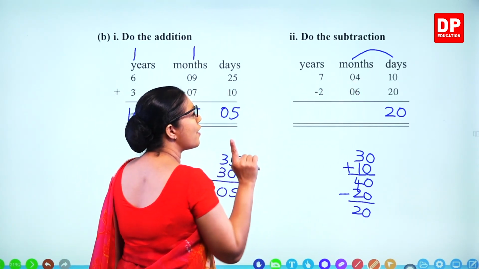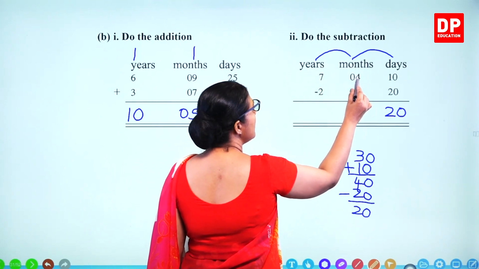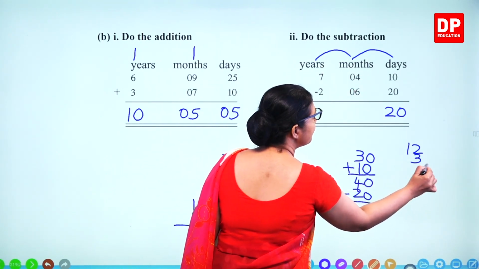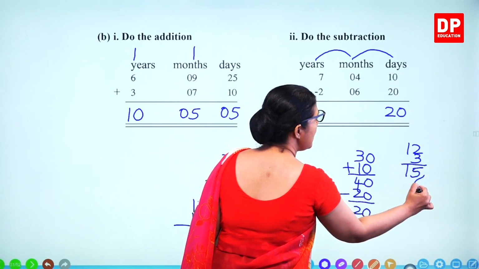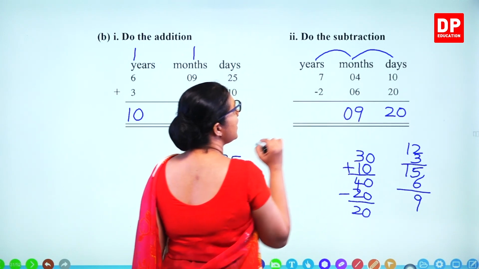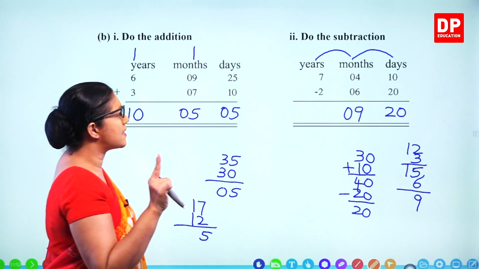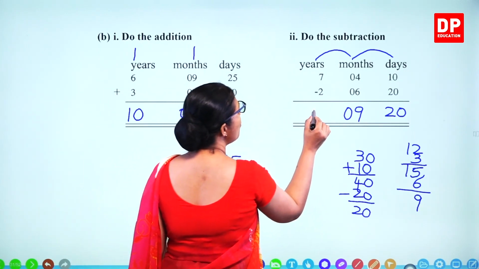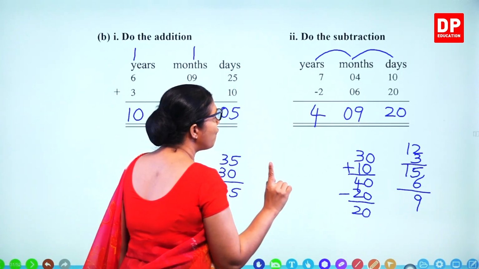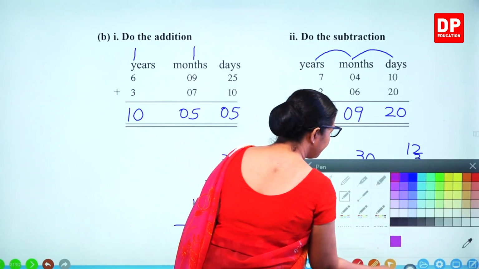Again, you can't subtract 6 from 3. You are taking 1 year. That means 12. 12 plus 3, you get 15. 15 minus 6, that's 9. 9 months. So what about this one? Years, that becomes 6. 6 minus 2, 4. 4 years, 9 months and 20 days.